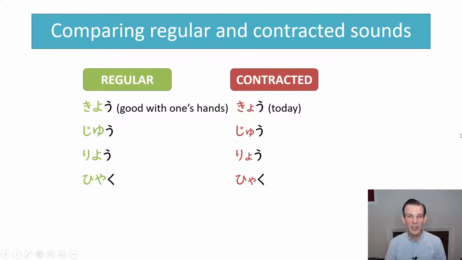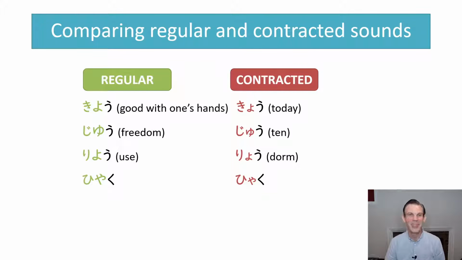Next, jiu, ju. Jiu is freedom. Ju is 10. Next, ryo, ryo. Ryo is use. Ryo is dorm.